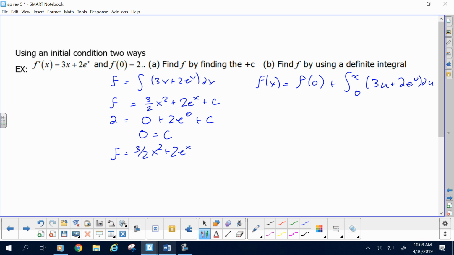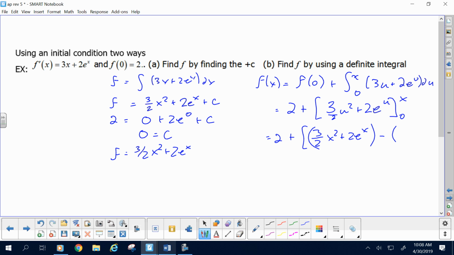All right, now if you did that, you could then substitute. What's f at 0? 2. What's the antiderivative? 3 halves u squared plus 2e to the u from 0 to x. Then evaluate the integral. When x goes in, don't you get 3 halves x squared plus 2e to the x?